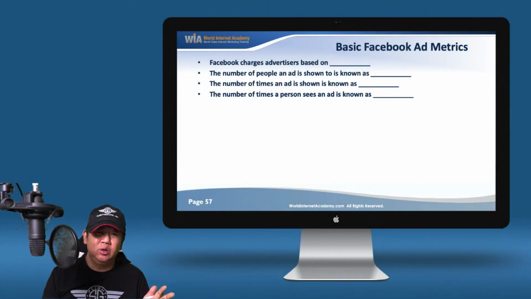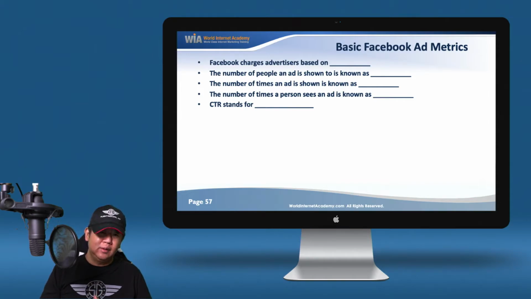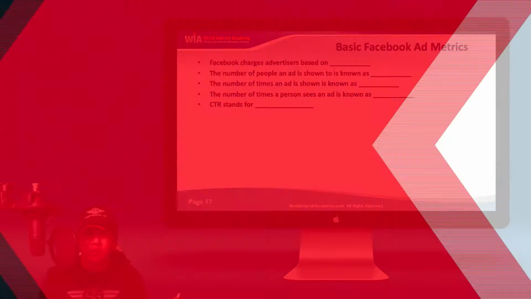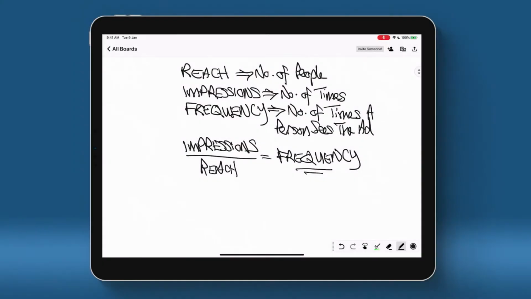So the next thing we want to look at is CTR. And CTR stands for, of course, most of you who are in digital marketing already know this. This is not rocket science.